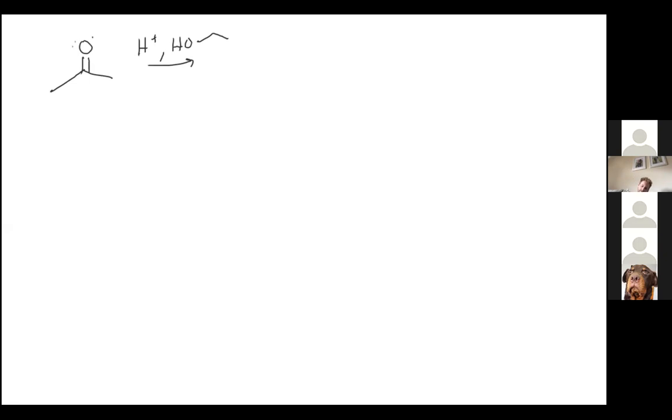Our first step is going to be the same. We're going to grab an H plus to protonate our carbonyl here. From this point, our alcohol can come in and do a nucleophilic attack.